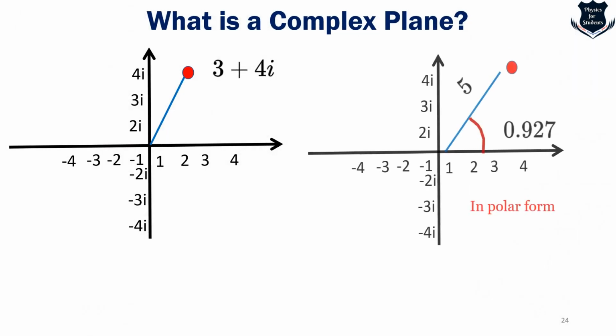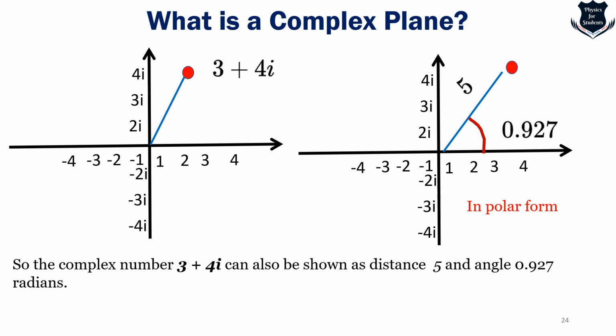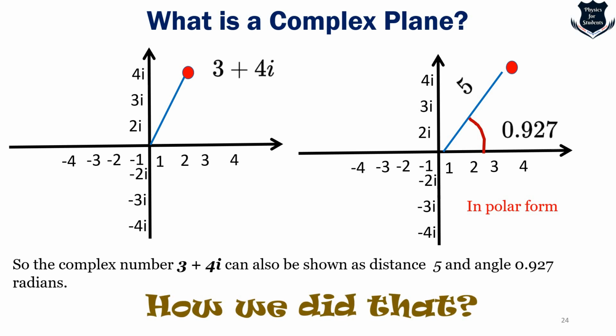If we consider the same number in polar form, we get an angle of 0.927. The complex number 3 plus 4i can also be shown at a distance of 5 with an angle of 0.927 radians. The question is, how do we get 0.927 radians?